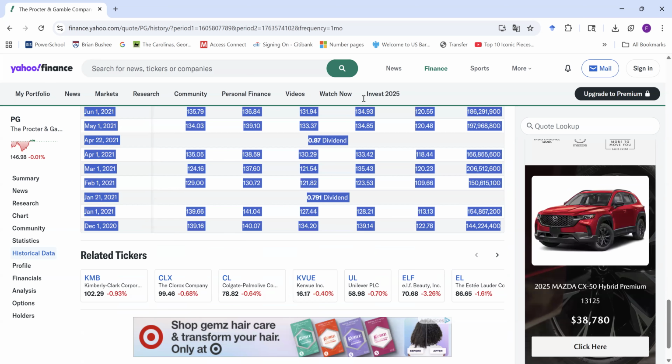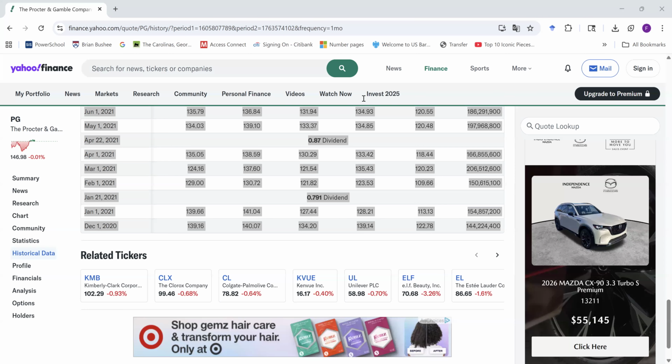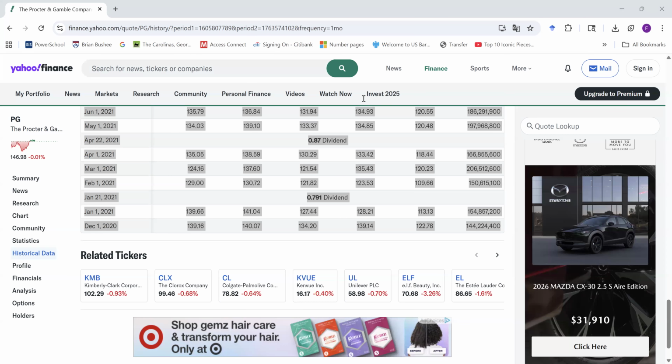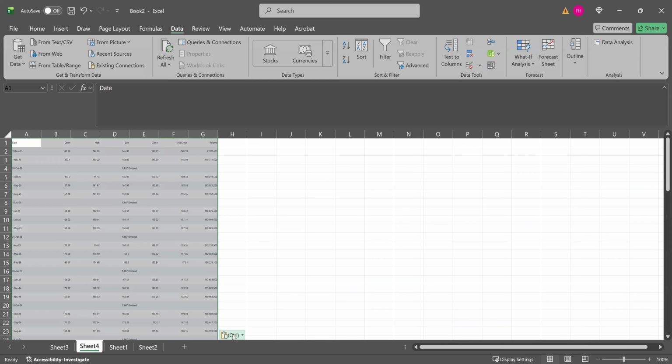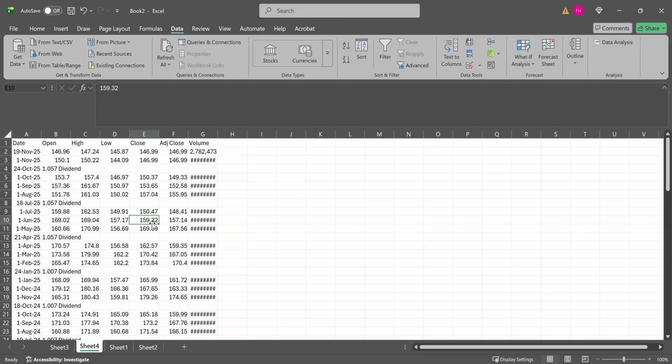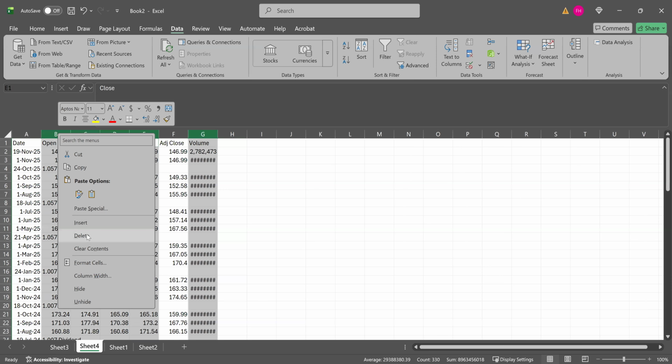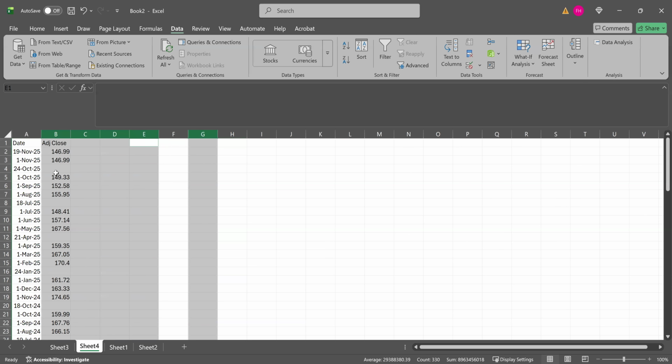So I'm going to go back to the Excel file. I'm going to have a new worksheet. I'm going to paste the data, and I'm going to remove the columns that I don't need, and the rows containing the dividends.